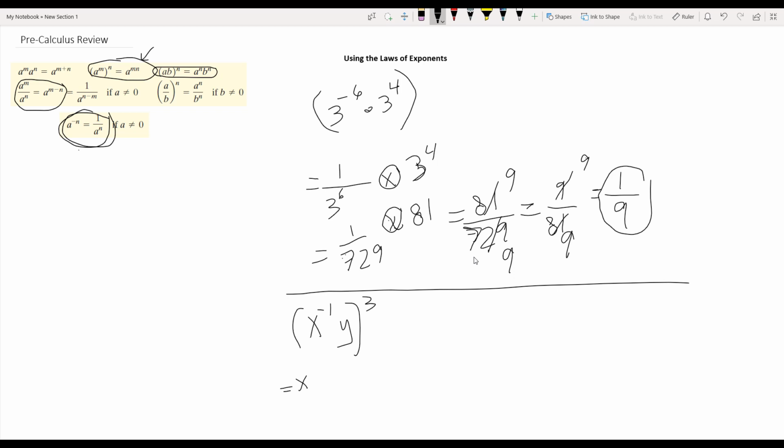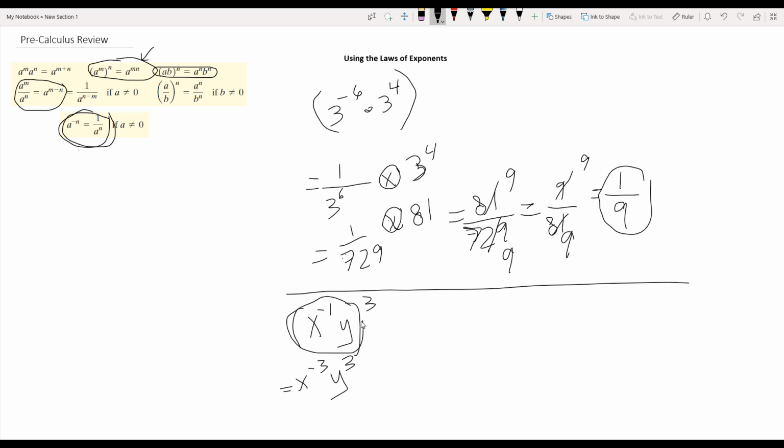So it will become x to the negative 3, right? When you multiply negative 1 times 3. And then you have y to the 3rd power. Because remember, everything inside the parentheses will be affected by that particular exponent.